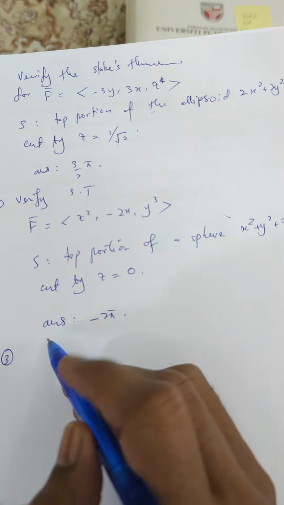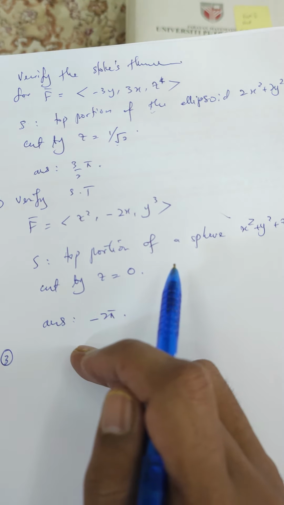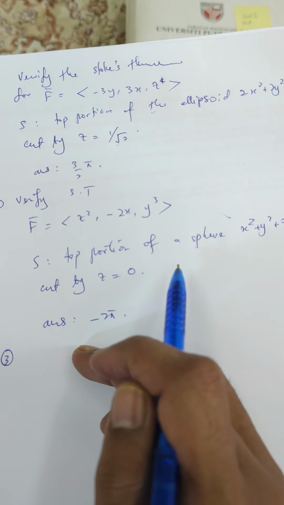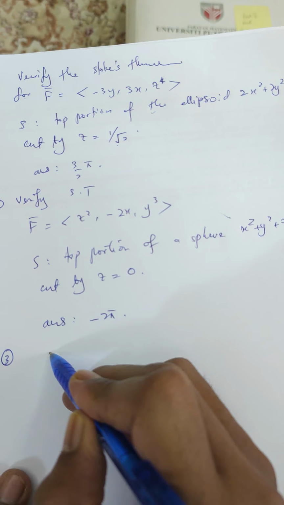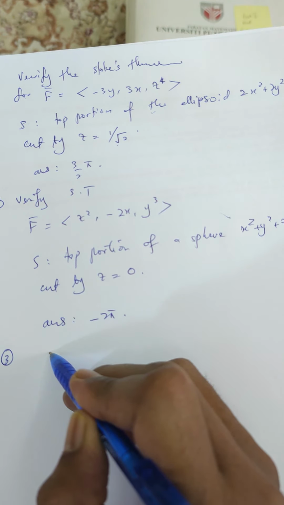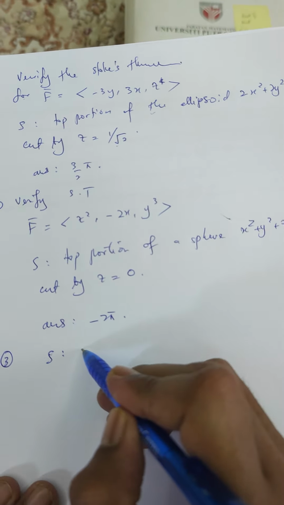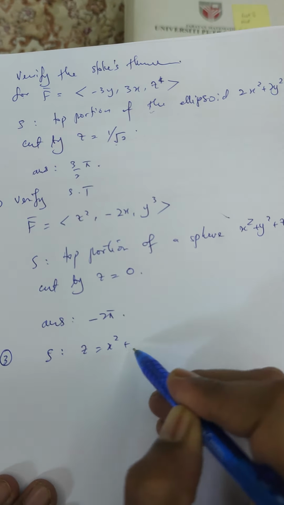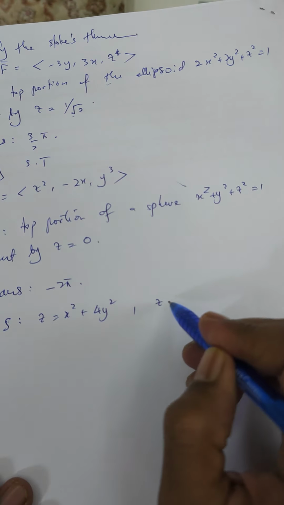Let's say S is given as z equal to x squared plus 4y squared, cut by z equal to 1.